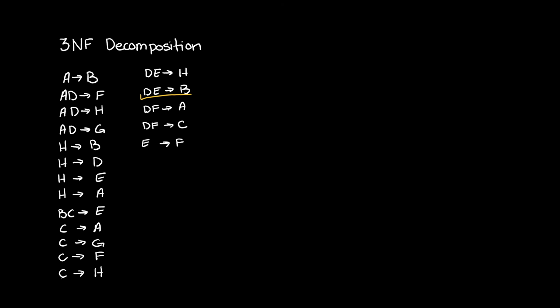Consider DE to B. We can reach B without using this functional dependency, using DE to H, then H to B. So it is redundant.